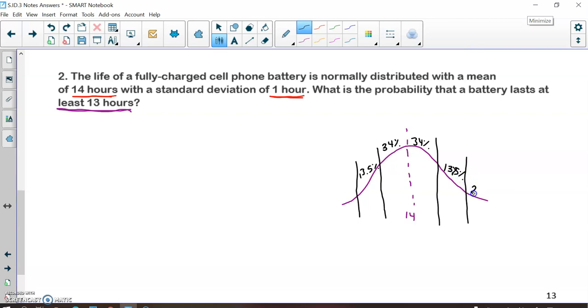And then within 3, it's 2.5%. Now, we want to determine at least 13 hours. So if I do 14 minus my standard deviation of 1, that means that 13 hours falls within 1 standard deviation of the mean, which is 14.